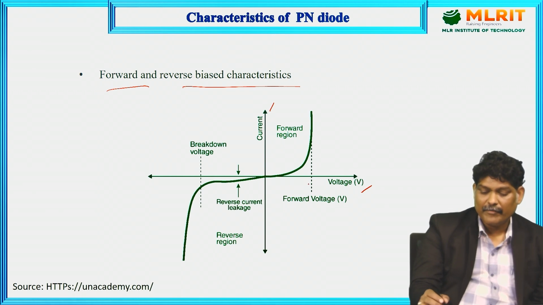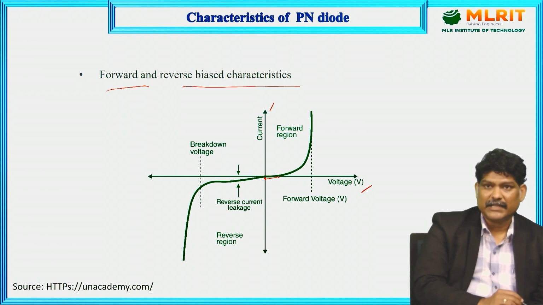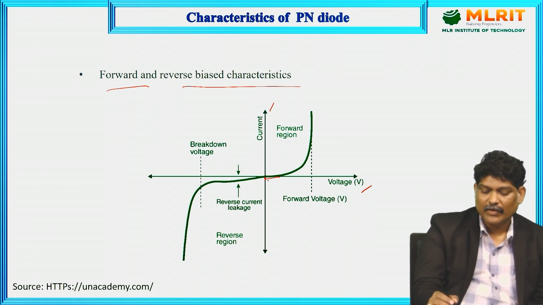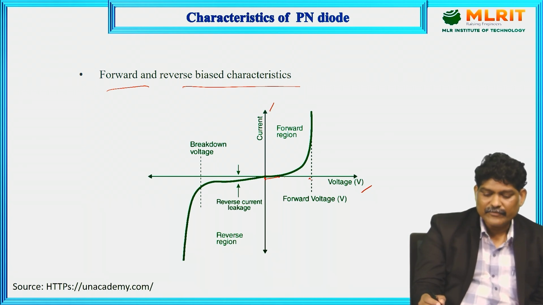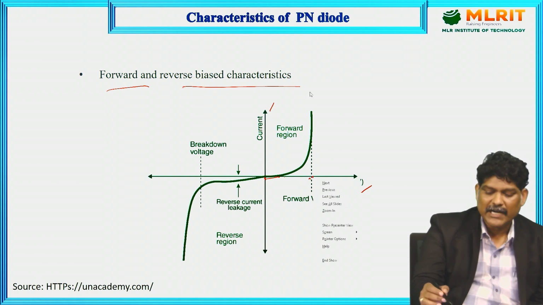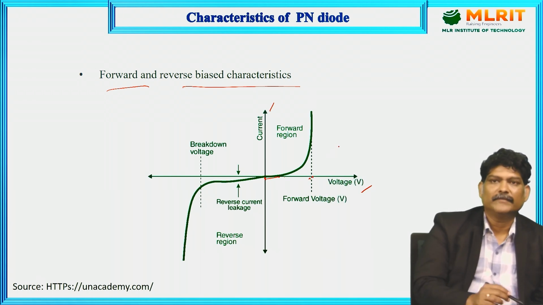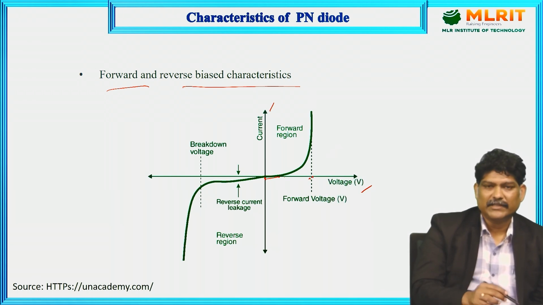In forward bias, the moment you apply the input voltage, the diode does not start to conduct initially, but at a particular voltage, the cut-in voltage, the diode starts conducting. The voltage from which the diode starts conducting is called the cut-in voltage, knee voltage or reference voltage.